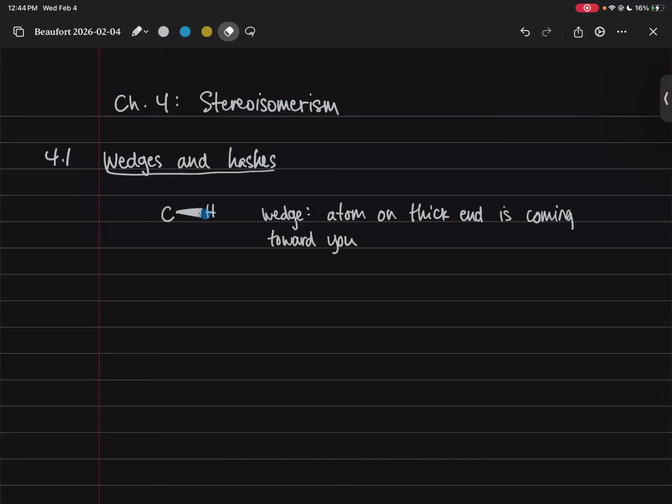Okay, so maybe we could draw a nice big bold H there to show that it's coming towards you.